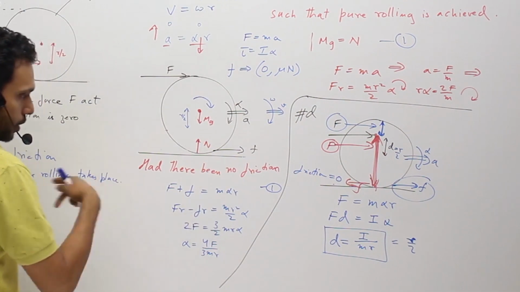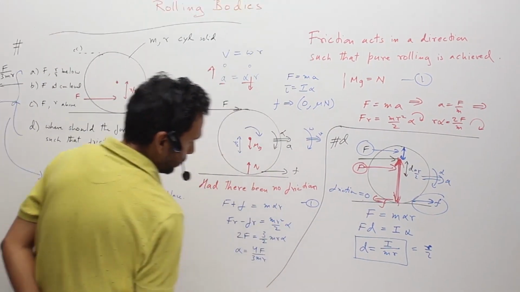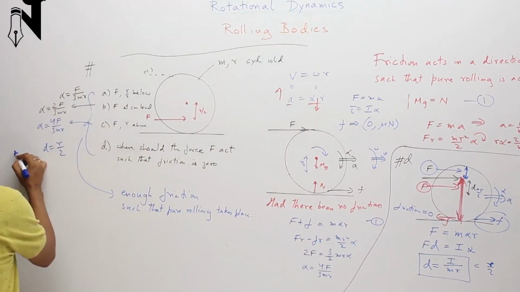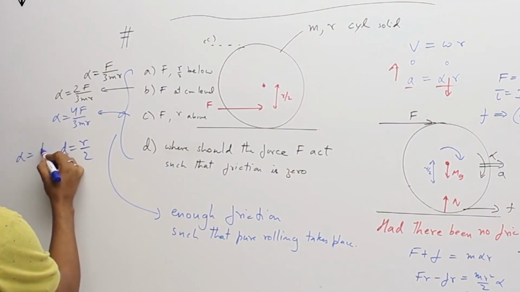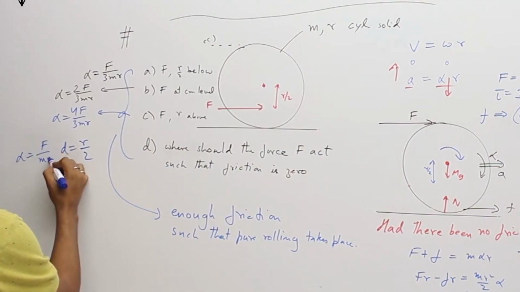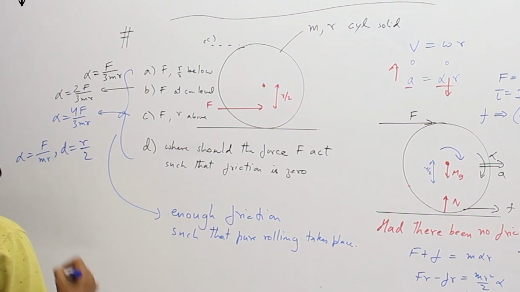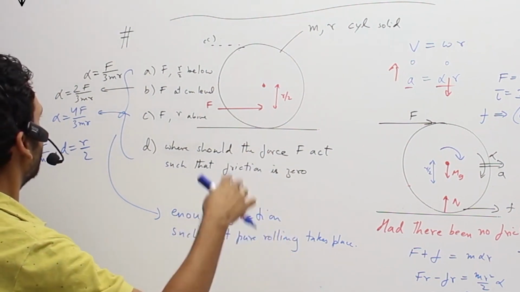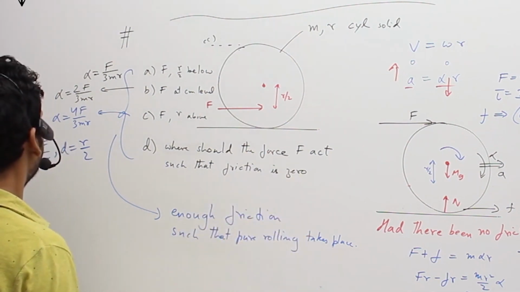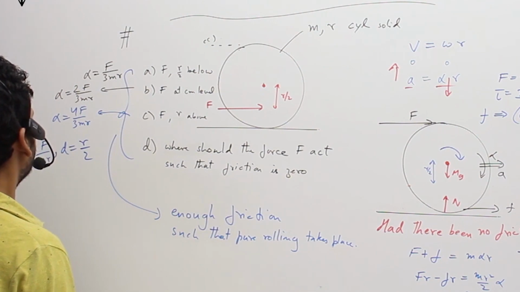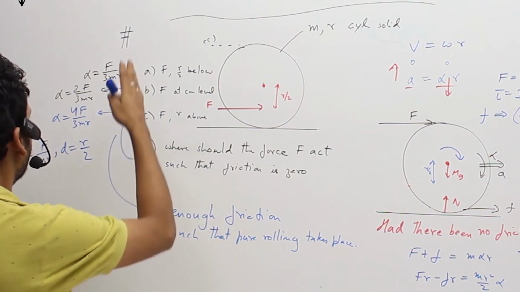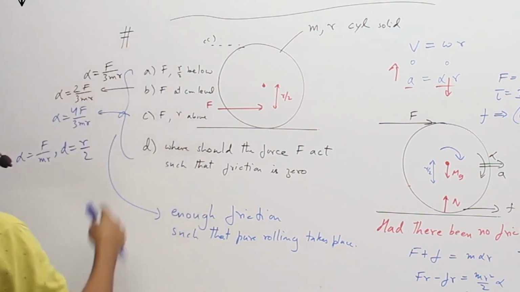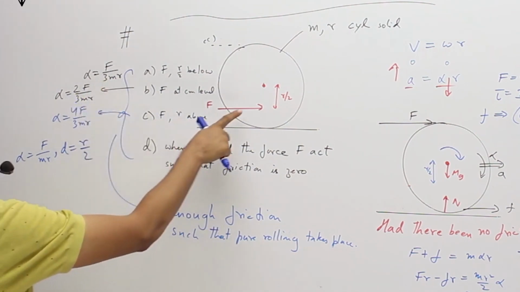So once again, I'll just put the alpha value. Your alpha in the last case is F by mr. So alpha is equal to F by mr. This time it is your forward alpha. If you have to put these alphas in order, this was the least when it was acting down.